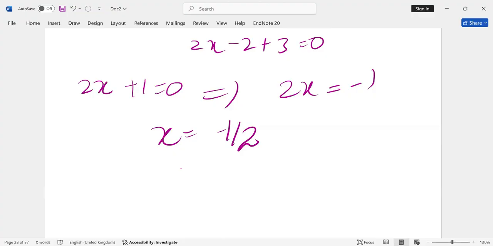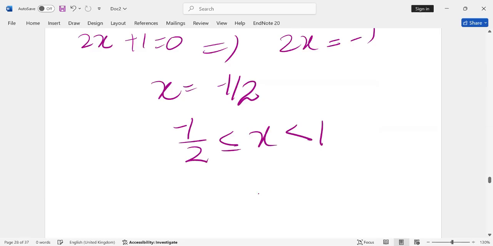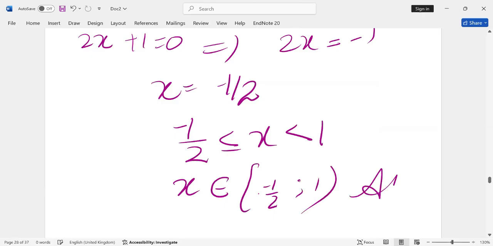The range is minus 1 by 2 less than or equal to x, and x less than 1. All right. Or you can write this as x belongs to minus 1 by 2 and 1. Okay. And this is the required answer for this question.